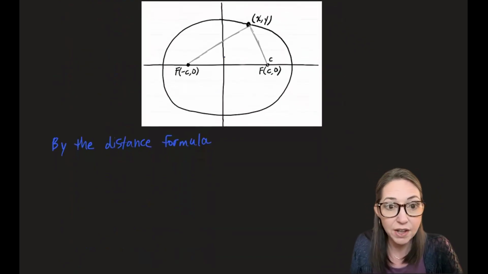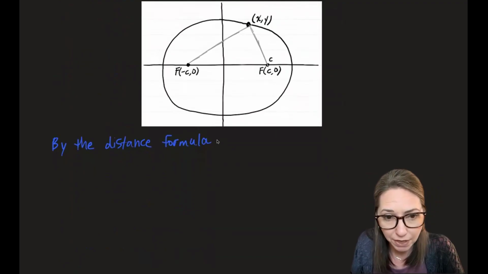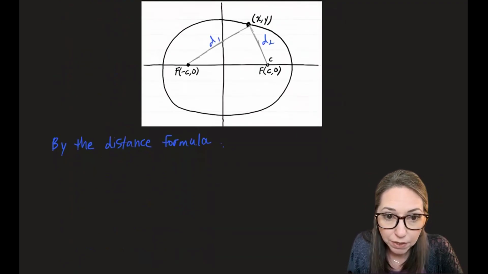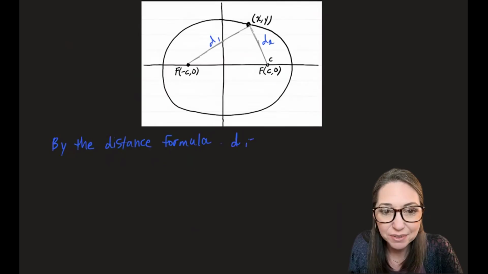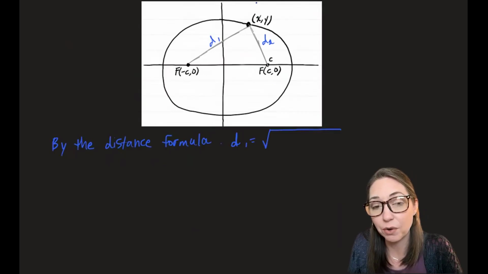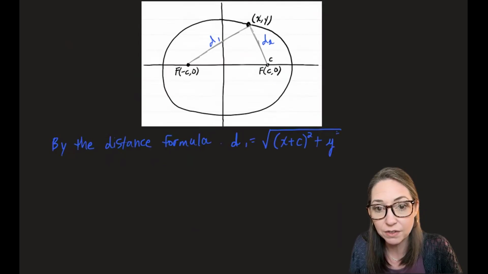So therefore, we're going to say, okay, what is the distance from this first focus at negative c to a random point xy by the distance formula? Well, let's call it d1 here, and I'll call that d2. D1 is equal to the square root of, all right, it's the differences of the x coordinates. So I'm going to go right minus left here. So x minus negative c is going to simplify to x plus c squared, plus the differences in the y's would be y minus 0, which is just y squared.